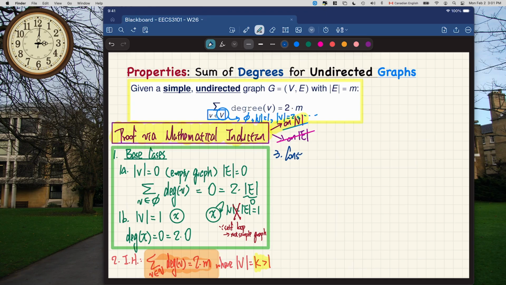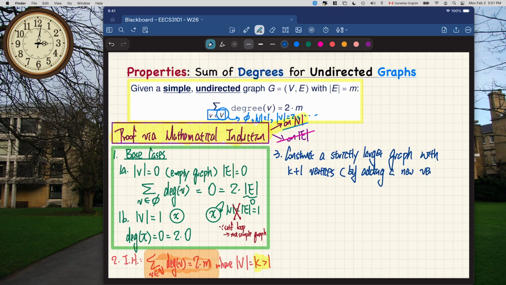Construct a strictly larger graph with k plus 1 vertices. Okay, and then we're going to say by adding a new vertex y.